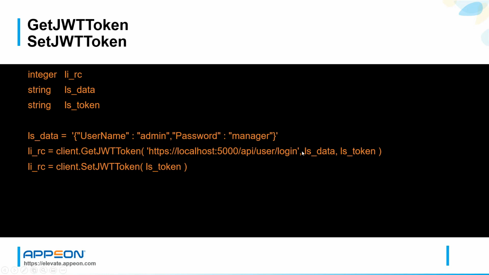And I'm passing in this JSON payload that has the username and password in it. And I'm also passing this string, which is passed by reference, that the token's going to come back in. Once I get that token, I call set JWT token to set the token on the client for my subsequent requests.